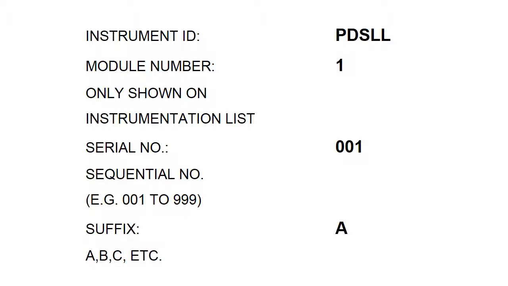Instrument ID, PDSLL, module number only shown on instrumentation list, 1, serial number, 001, sequential number, for example, 001 to 999, suffix A, B, C, etc.